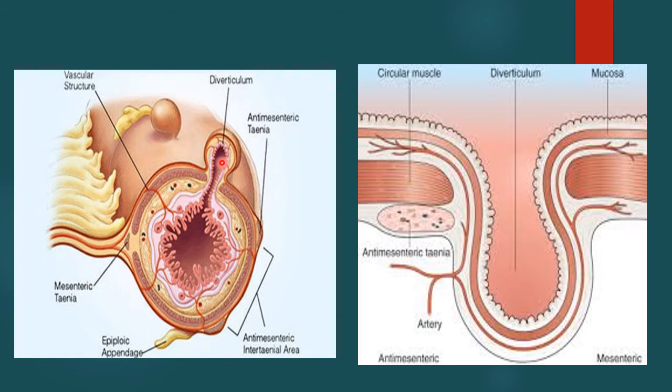As such, the blood vessels that enter to feed the intestine are exposed to erosions and other destructive forces, causing hemorrhage and bleeding. You can see here the muscularis stops short here, and where the diverticulum forms, this is the mouth of the diverticulum, this is the dome of the diverticulum. The blood vessel that's supplying it has been stretched out, and as a result is easily eroded by the diseases or the processes that take place within the lumen of the diverticulum.